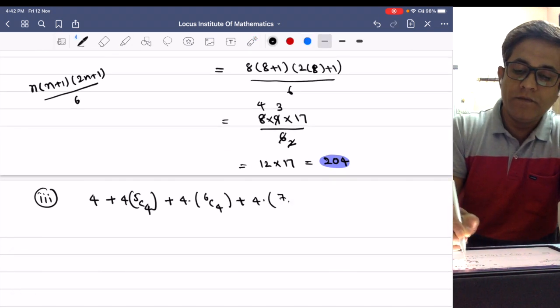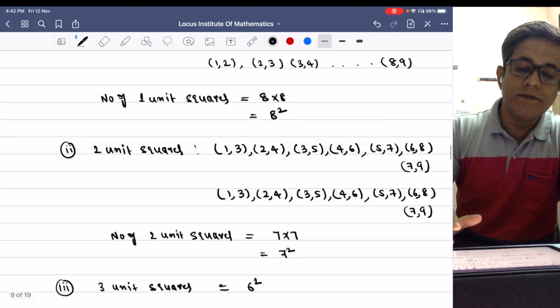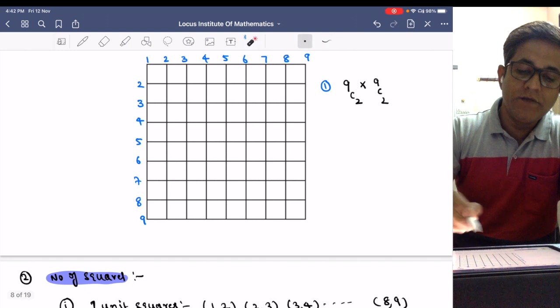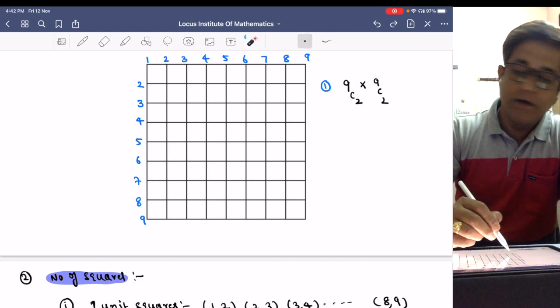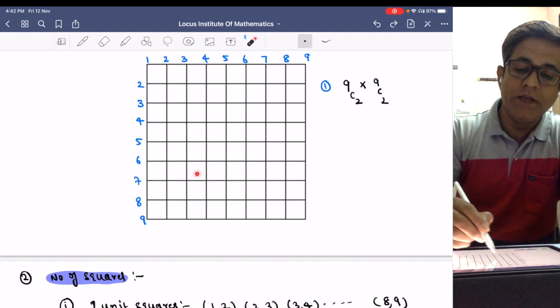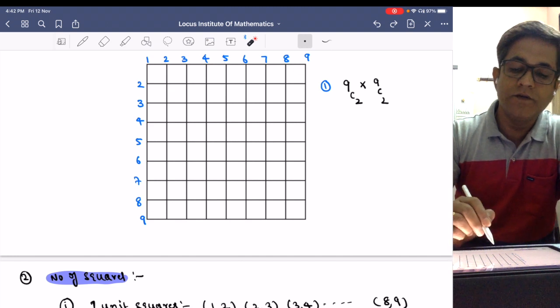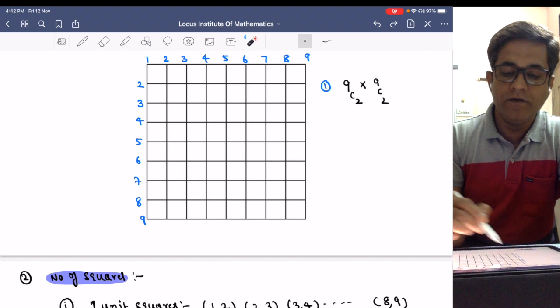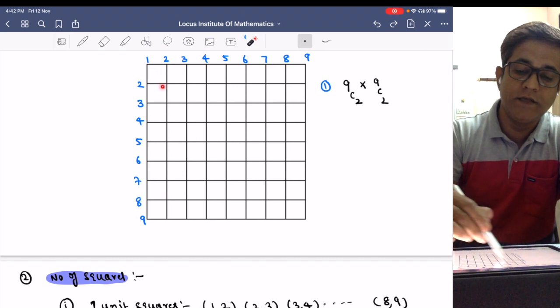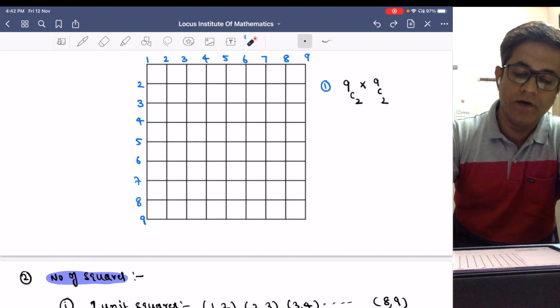4 into 7C4 plus. Next, the last one, see this diagonal. This diagonal contains 1, 2, 3, 4, 5, 6, 7, 8 unit squares. From 8 unit squares, 4 unit squares, 8C4 ways. But here only this diagonal and this diagonal, so you will have 2, not 4.